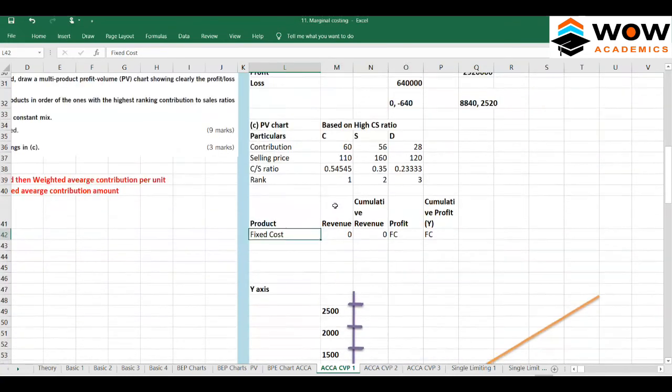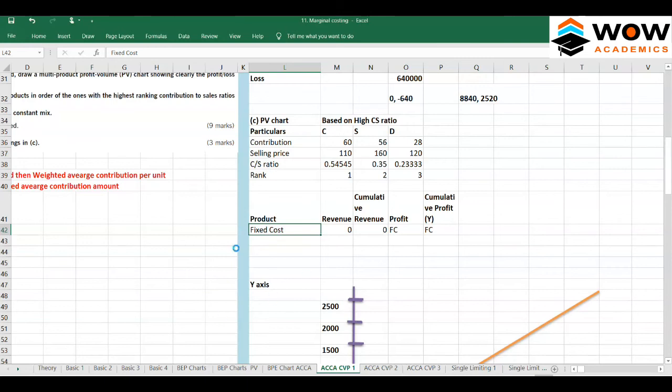So we have to start it from here. We'll do it now. So we have to get the second part of the PV chart. This chart is based on high CS ratio. So the second table we have to compute for the sake of the graph.